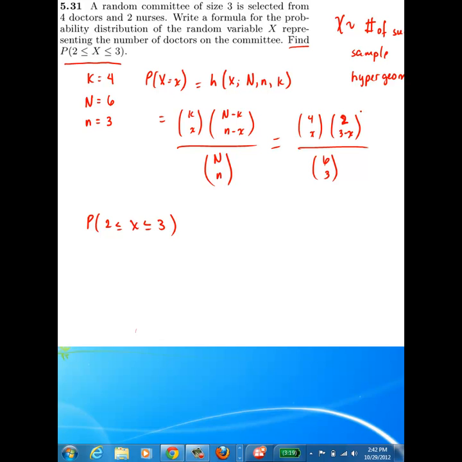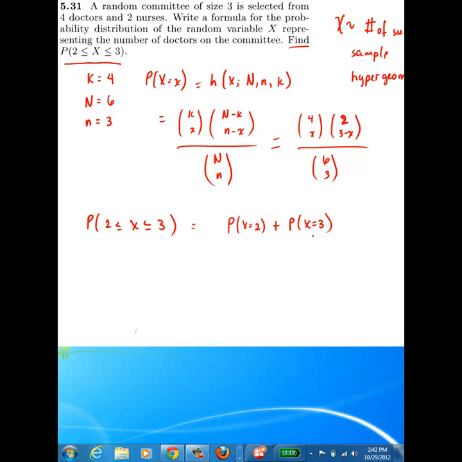So we have the probability of being within 2 and 3. So that's the same as saying the probability of x equals 2 plus the probability of x equals 3. Right? Because both of them are included in that interval.